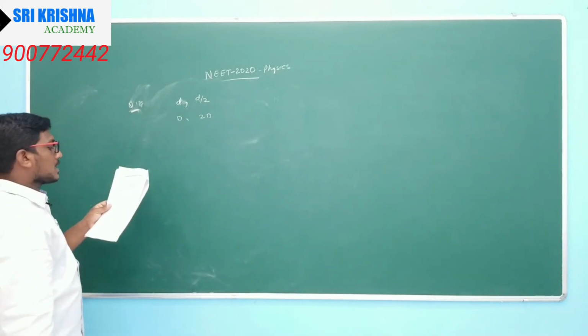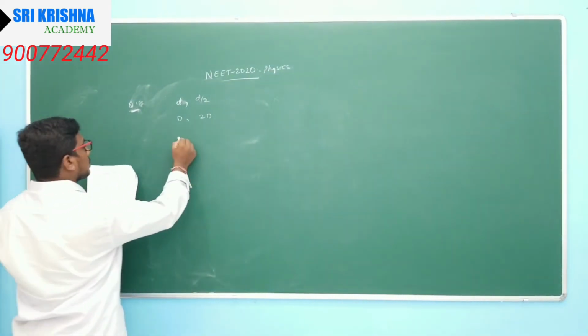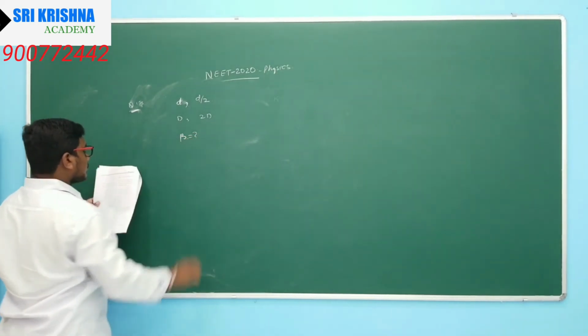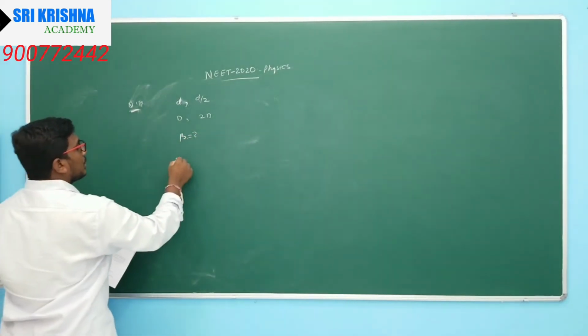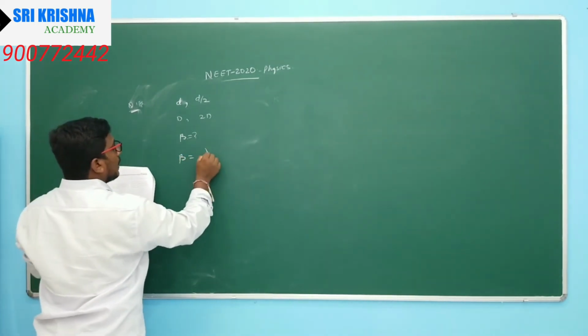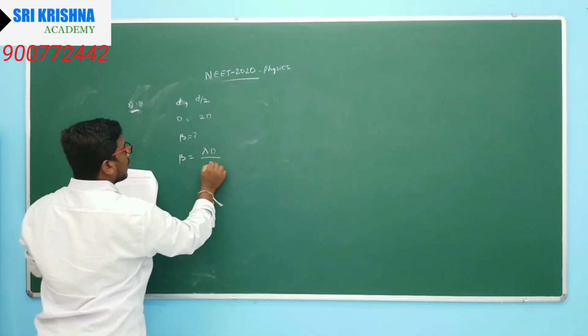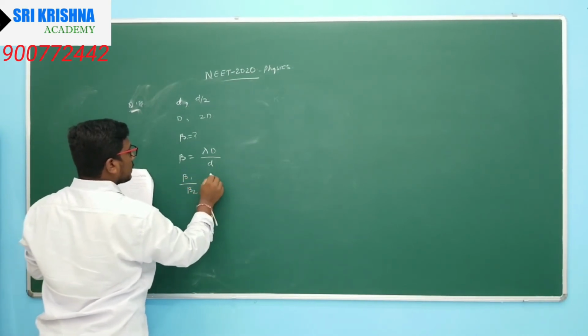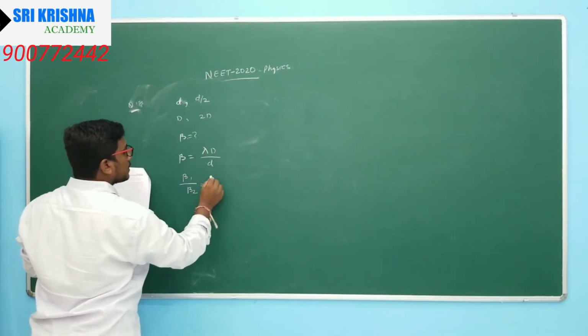Then it is asking what the fringe width becomes. You know the formula: fringe width beta is lambda D by small d. So beta 1 by beta 2 is D1 by small d1 into small d2 by D2, since the wavelength is not changing.